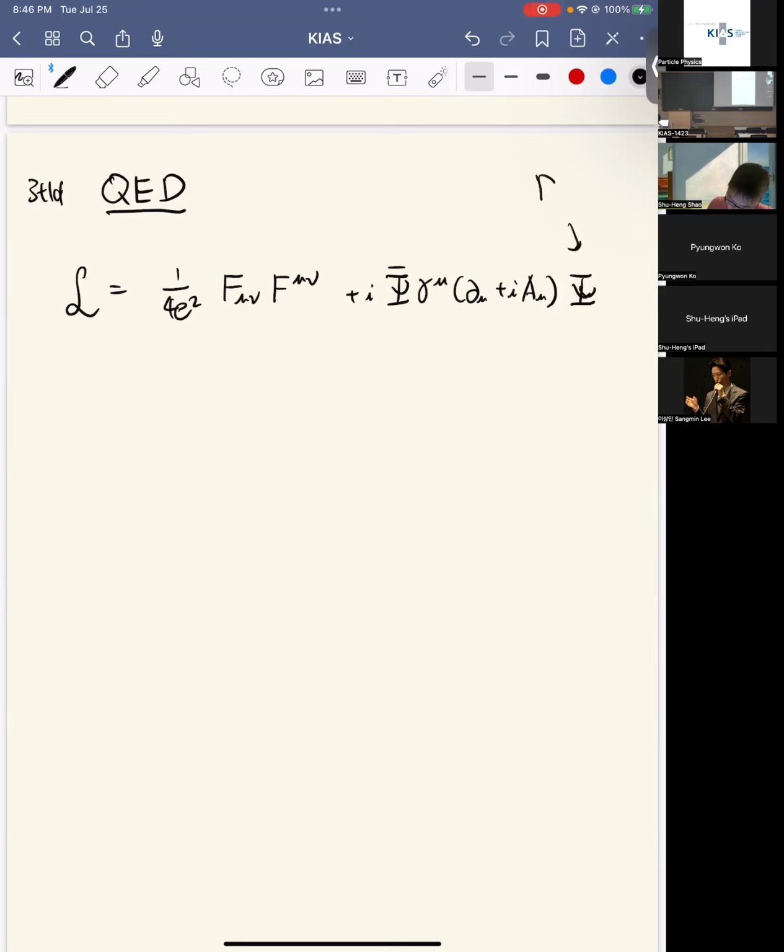So psi is a Dirac fermion, and it has unit gauge charge, and I only have a single species of Dirac fermion. And F mu nu is the exterior derivative of the U1 dynamical gauge field.